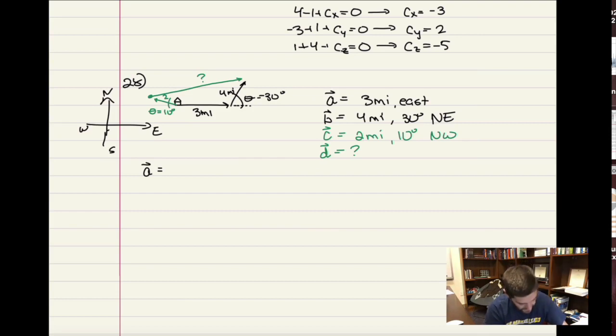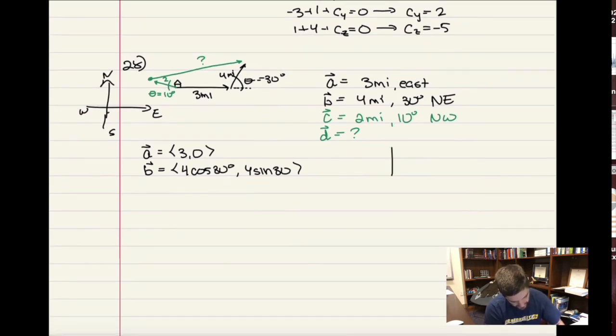So A being 3 miles to the east, that would be a vector that is 3, 0, in units of miles. East is positive, so it's positive 3. B is then, you can resolve it into components. This would be 4 cosine of 30 and 4 sine of 30. And again, where is that coming from? I have my north and my east, and then it looks like I drew B as something like this, where this is 30 degrees.